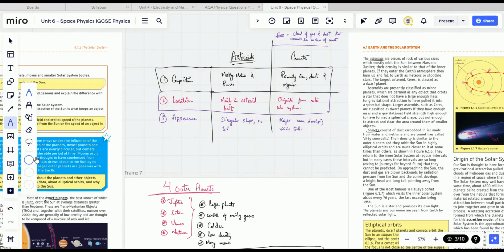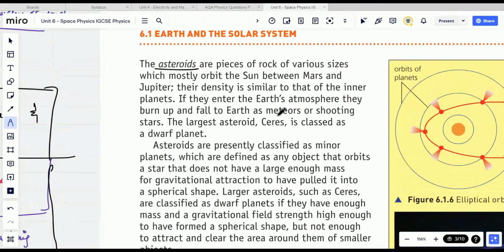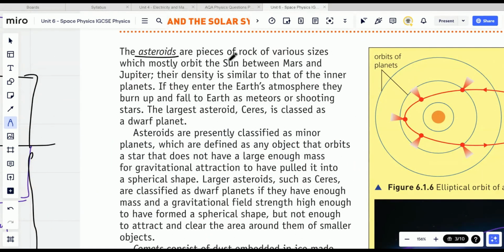You all must know about the difference between an asteroid and a comet. So let's give a quick read over here, so that in case I've missed out any important point, we'll underline that as well. The asteroids are pieces of rock of various sizes which mostly orbit around the sun between Mars and Jupiter. I already showed you all the asteroid belt, right?